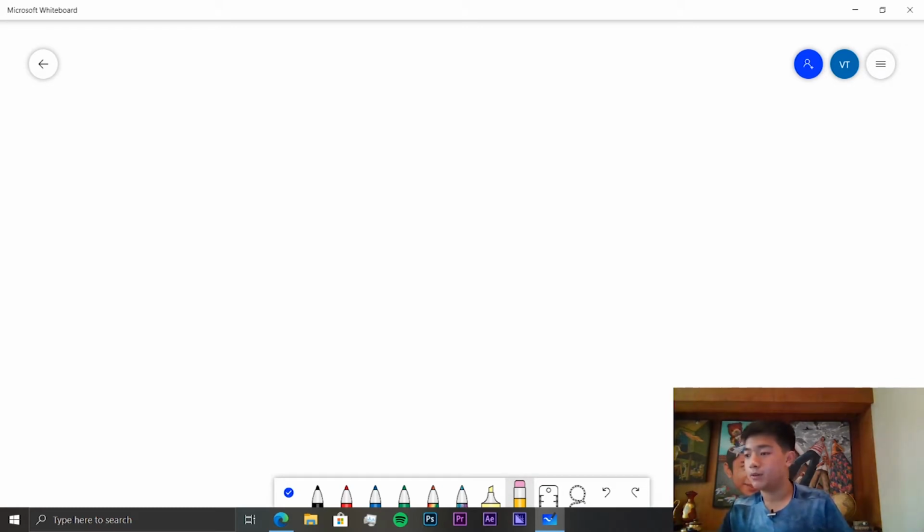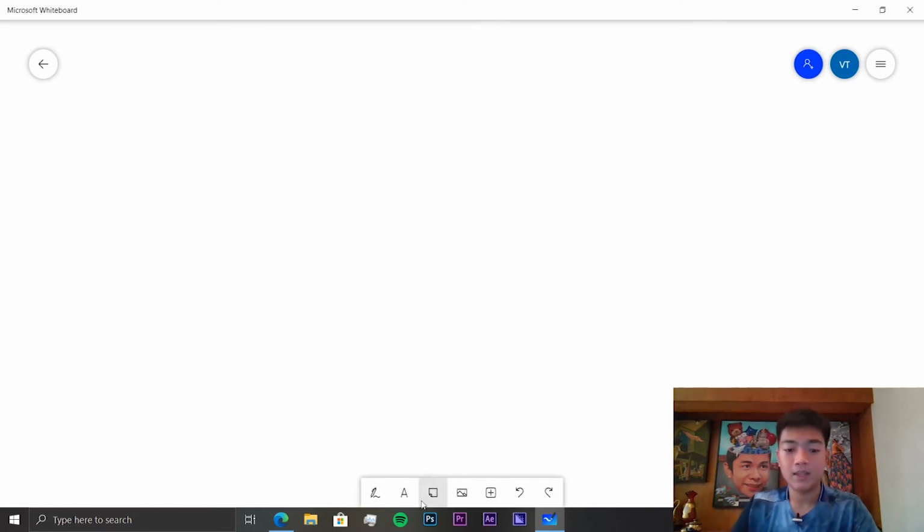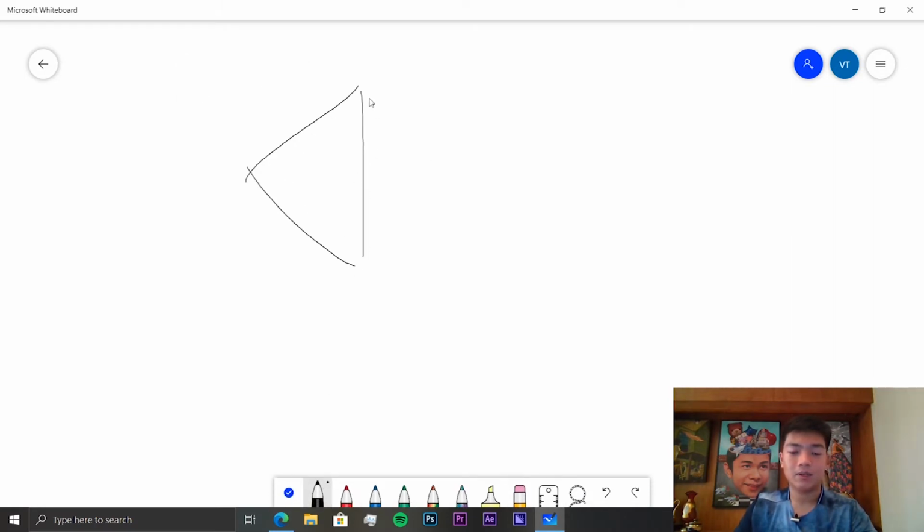I am going to be doing every other question, starting with the second question this time. The second one is: find the volume and surface area of each shape. This first shape is a nice pyramid.